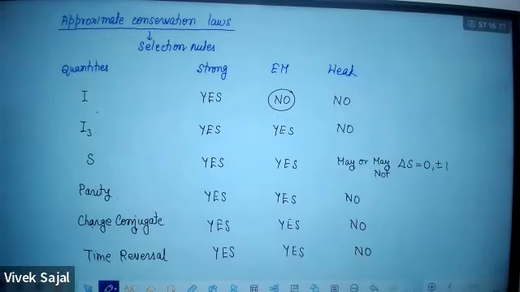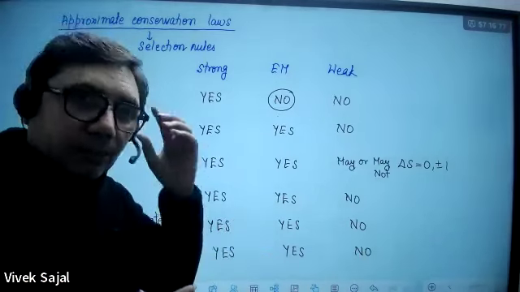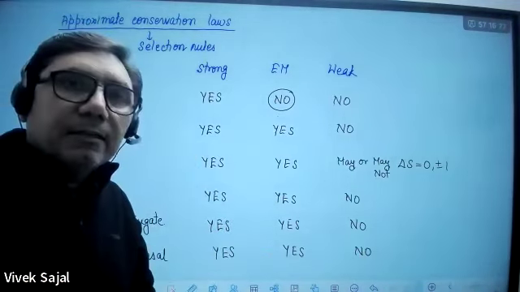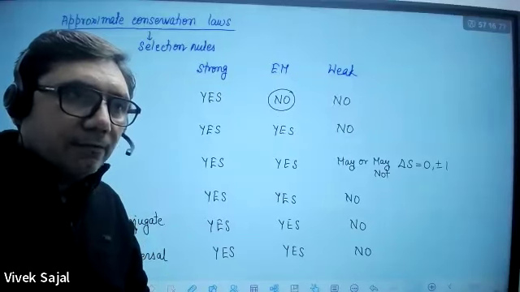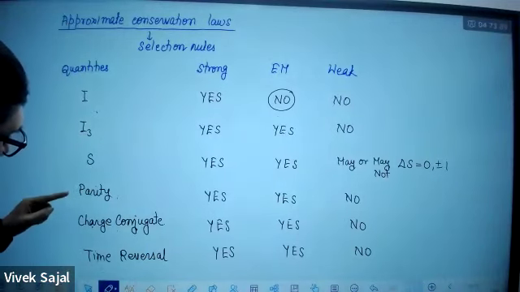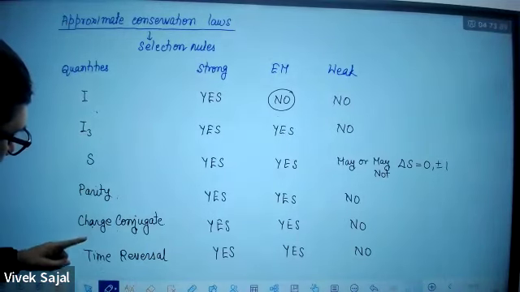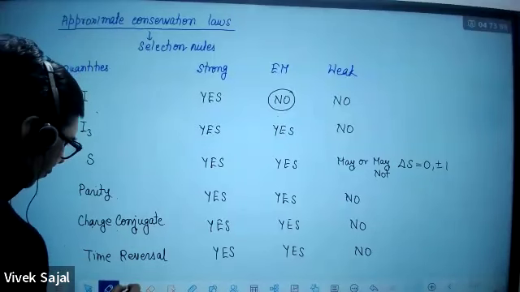Most of the aspects I have discussed here. Now two things are left. In the next class, first I will discuss the four interactions: gravitational, strong, weak, and electromagnetic. Then I will discuss parity, charge conjugation, and time reversal.